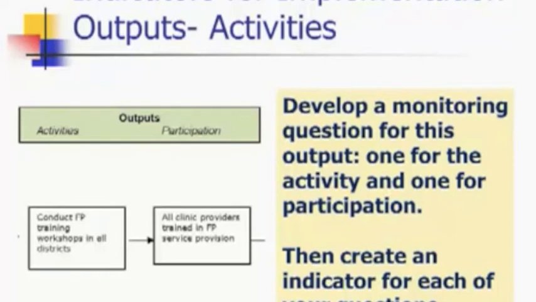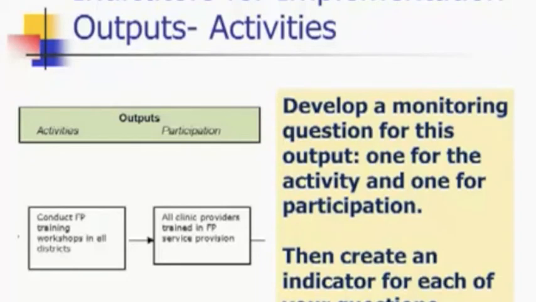So the first will concentrate on the output activity, which is conduct a family planning training workshops in all districts. So now put down your fork, push the pie away, get your computer out again, and develop a monitoring question for this output. Conduct family planning training workshops in all districts.